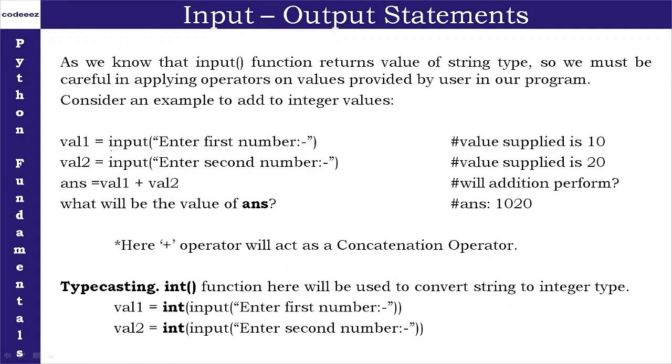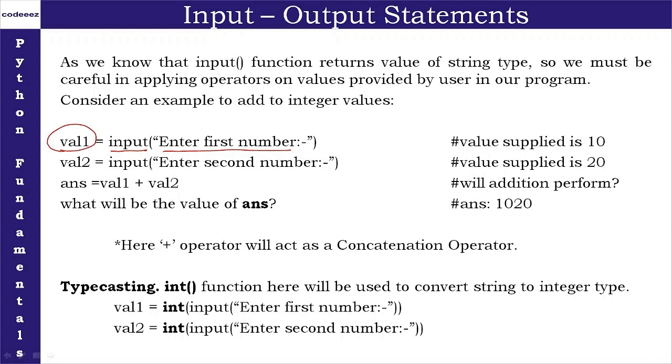Here the input function is used and a message is being displayed on the screen: enter first number, and this will prompt the user to provide some value. Once the value is supplied by the user via keyboard, that value will be stored in the variable named val1, of course in string format.